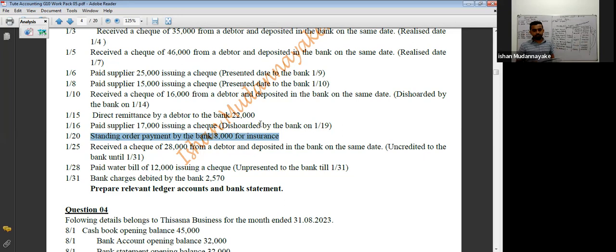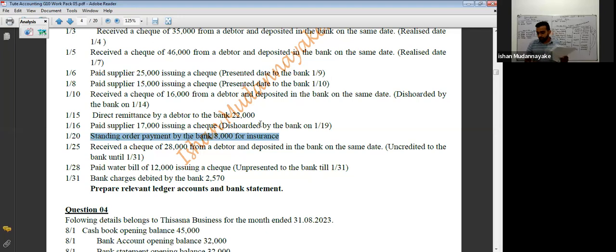Current account holder ordered the bank to pay that amount to some account or an organization on a specific date. That is the standing order. That is standing order payment.